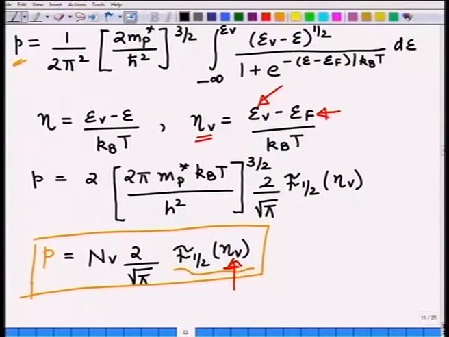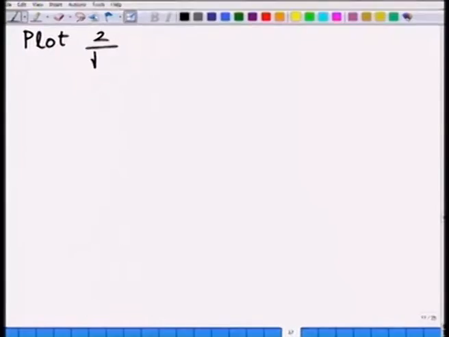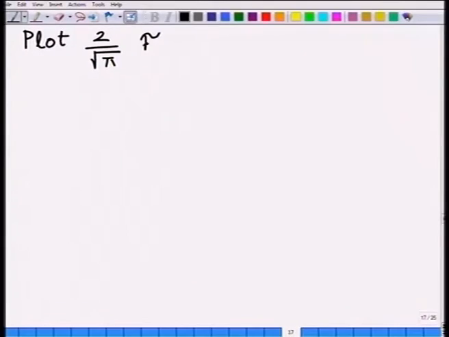Nc and Nv I have estimated. Now, let us have an estimate for this Fermi-Dirac integral of order half also. Let us try doing that one. So, what I am going to do is plot 2 by root pi times the Fermi-Dirac integral of order half. This is the quantity I am going to plot.